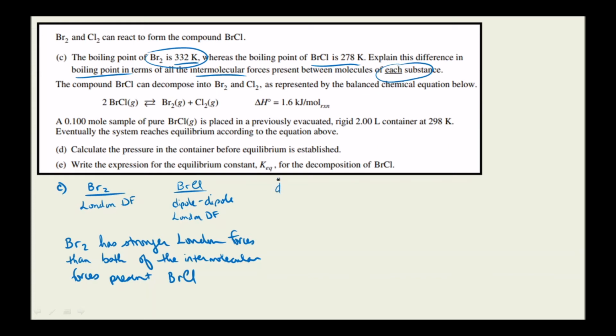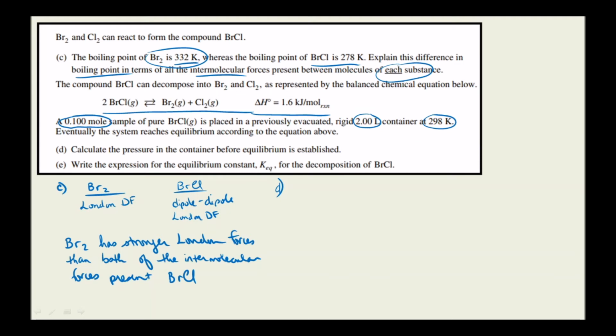Okay, part D. So we have a decomposition reaction of bromine monochloride into Br2 and Cl2. We're given the delta H of the reaction, and we are told that a 0.100 mole sample of pure BrCl gas is placed in a previously evacuated rigid 2.00 liter container at 298 K. And eventually the system reaches equilibrium according to the reaction.